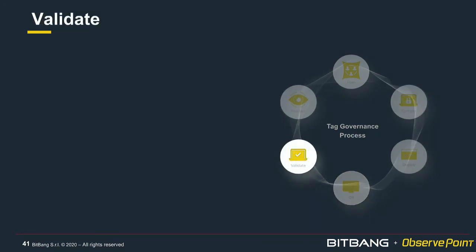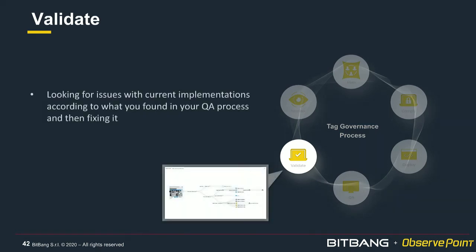Okay, and then moving on to the fifth part of this cycle. Bear in mind that all of these are probably happening in tandem at the same time. Different parts of your team are working on different parts of this cycle at any one time. So validate is really about looking for issues in your current implementation, and also tweaking your QA process while you fix it.